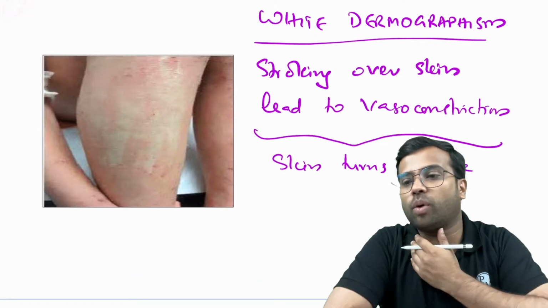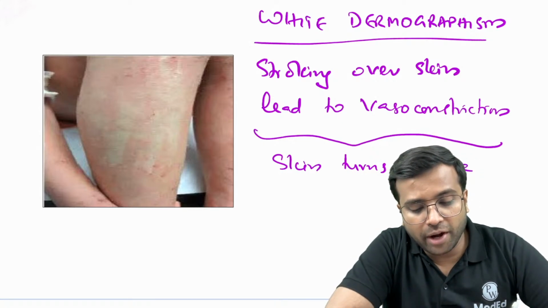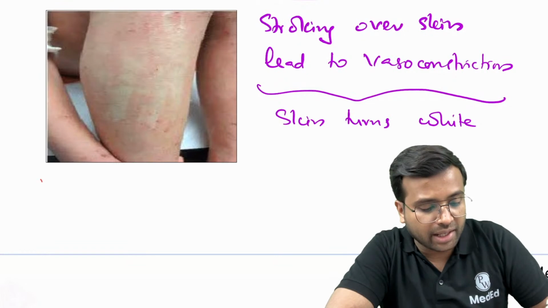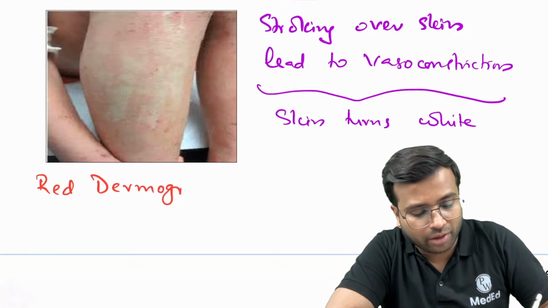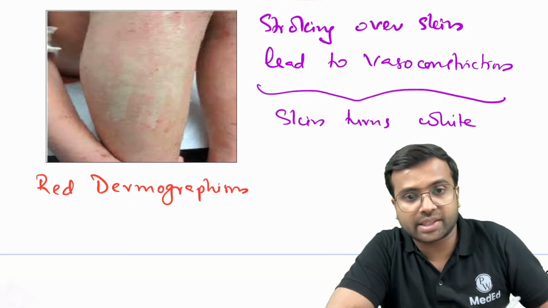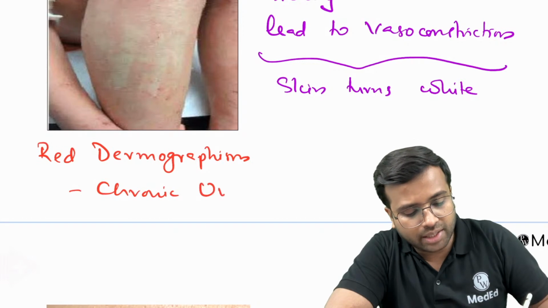Now, once I talk about dermographism, you need to also remember where you find red dermographism. Please remember that red dermographism is seen in another condition called chronic urticaria.